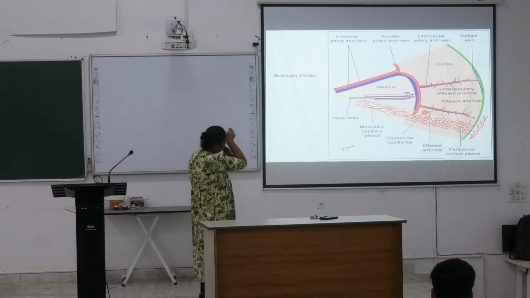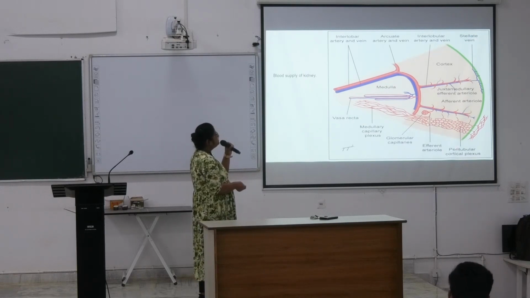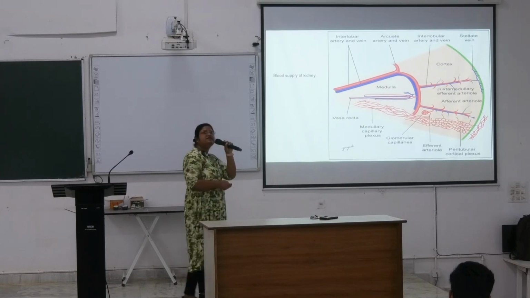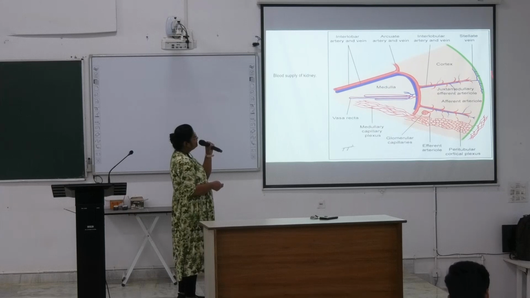Next. See here, this is the cortex, capsule. This green one is the capsule of the kidney. Just beneath the capsule, these are stellate veins. Stellate veins are draining into the interlobular vein, ultimately into the interlobar vein.